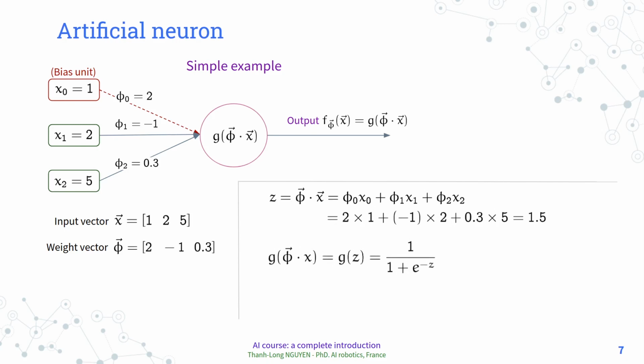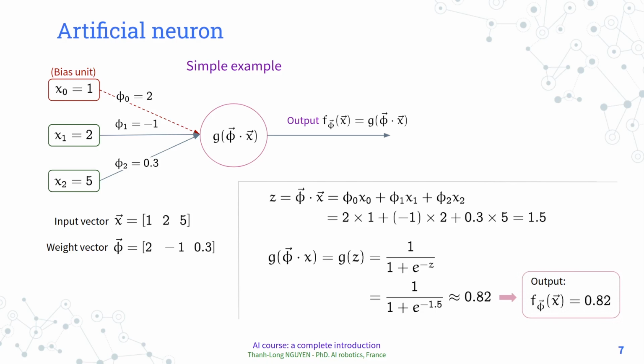So, if we apply this value of z in the equation of g, we have g of phi.x equals 1 over 1 plus e to the minus z, which is approximately 0.82. Therefore, we say that the output of this neuron given such inputs is 0.82.